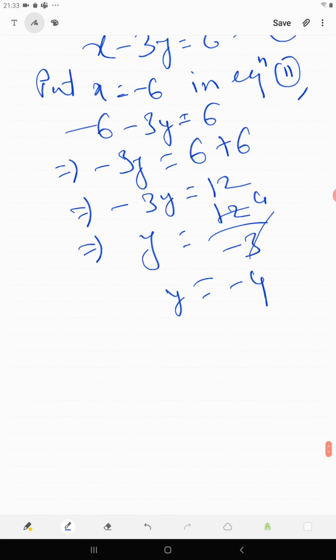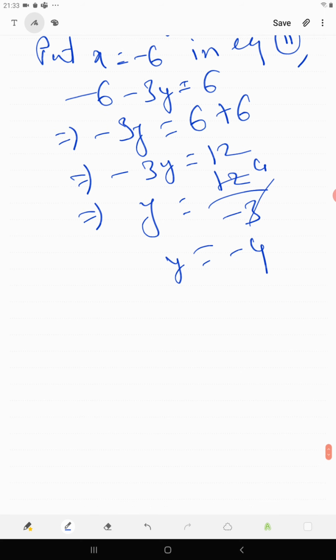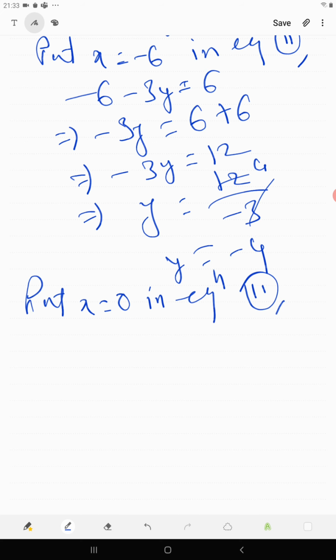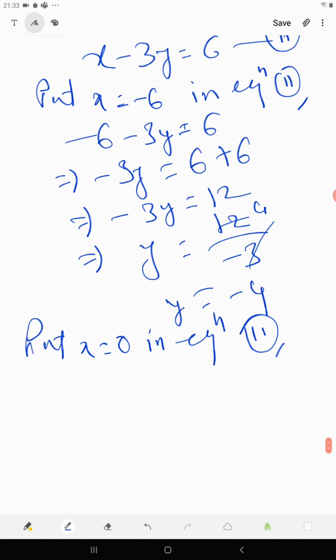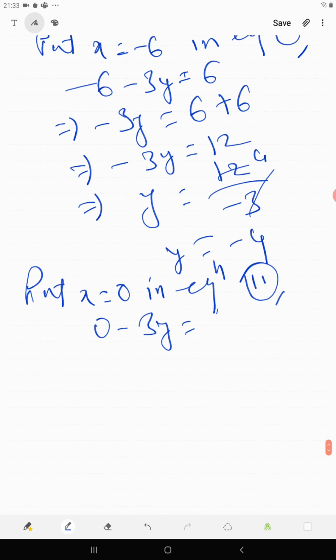Now take x equals 0. So put x equals 0 in equation 2. So what we will get? 0 minus 3y equals 6.